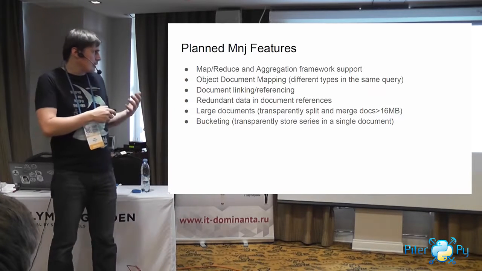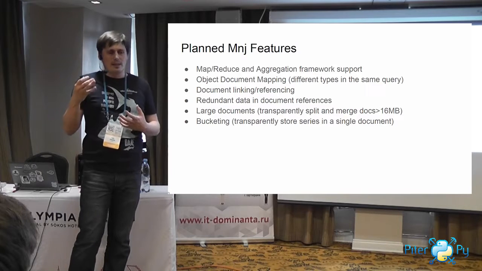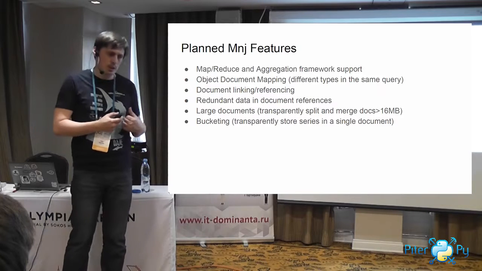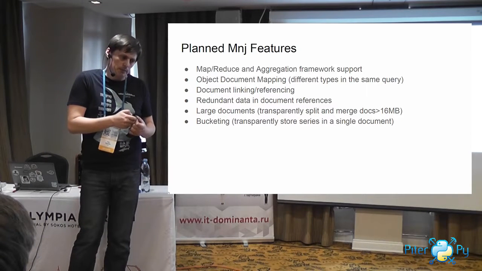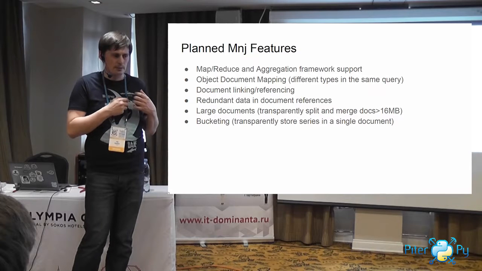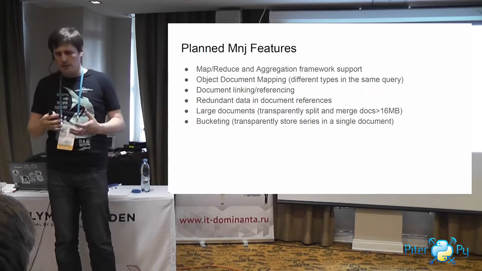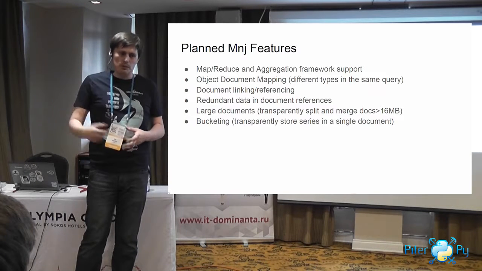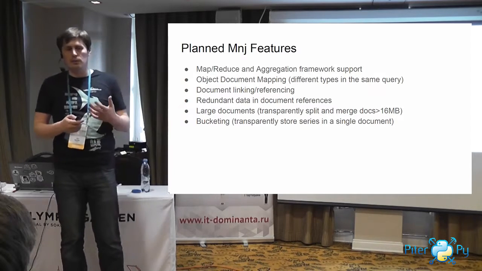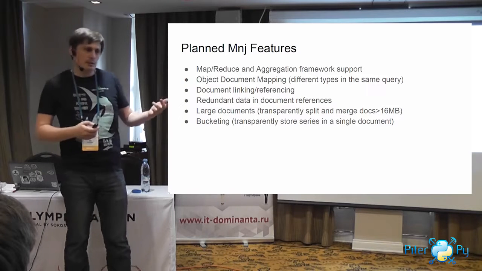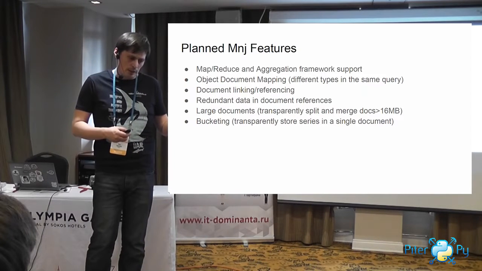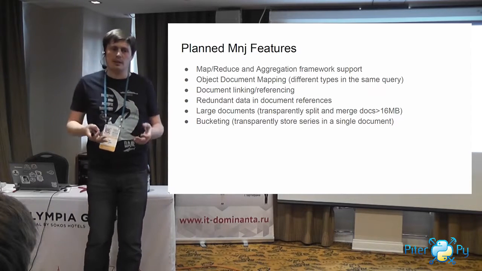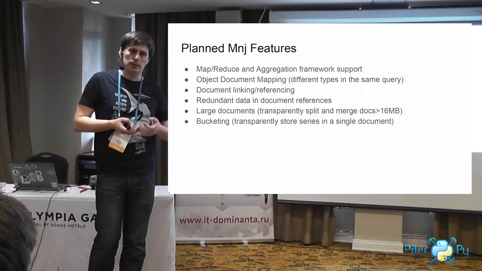Document linking and references, including redundant data and callbacks for updating it. I think this feature will be highly demanded, and it's really highly demanded for me now. If you use MongoDB frequently, you will usually want to see the complete data from a single query for the page.